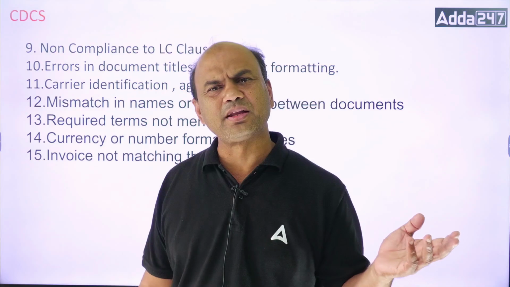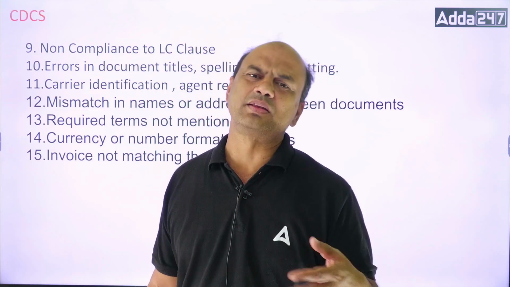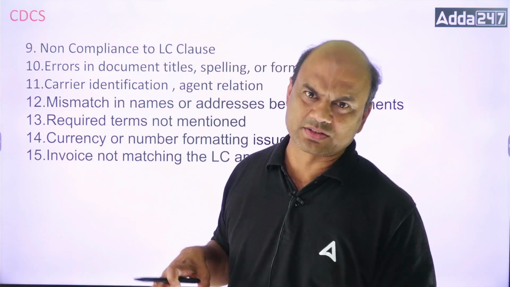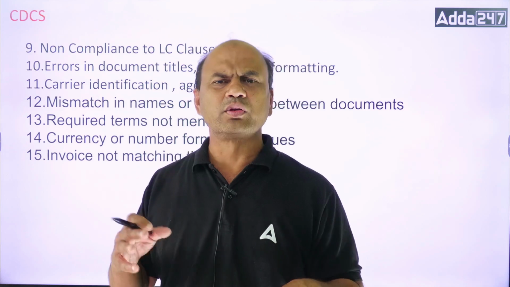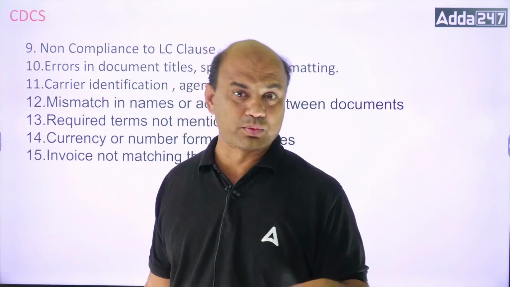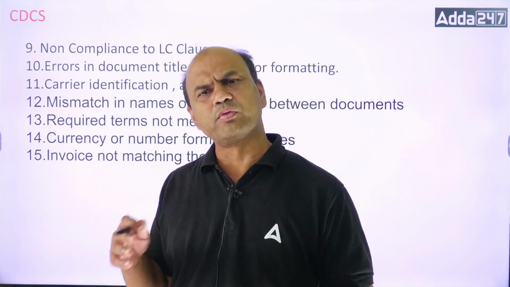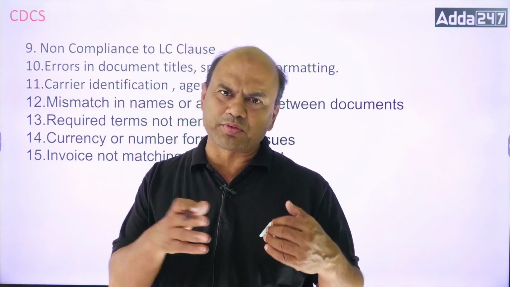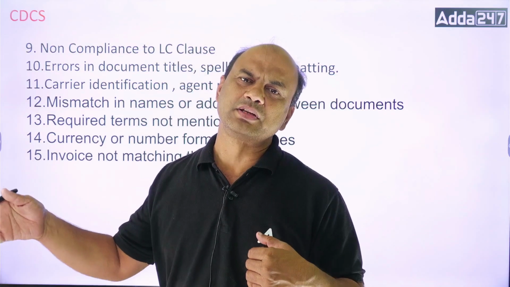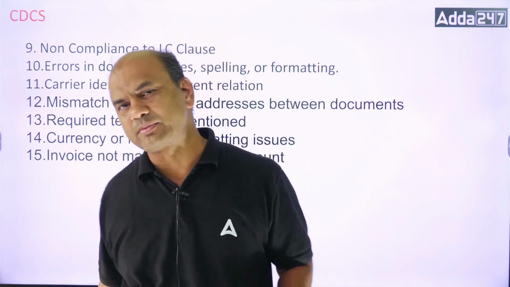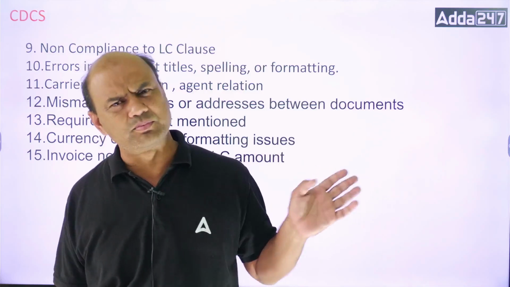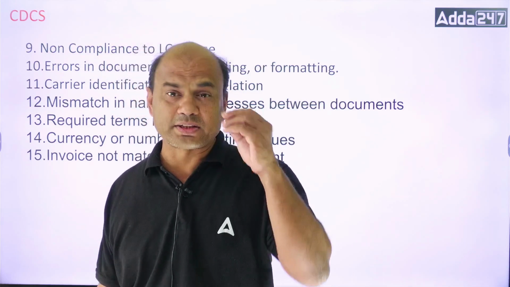Many other things will be there. We'll go one by one, as this series of discrepancies will go on and on. This is part 2 today, right? So we'll go for part 3, 4, 5. As we go deep into the discrepancies, we will discover all the discrepancies possible, so that not even a single one is left.